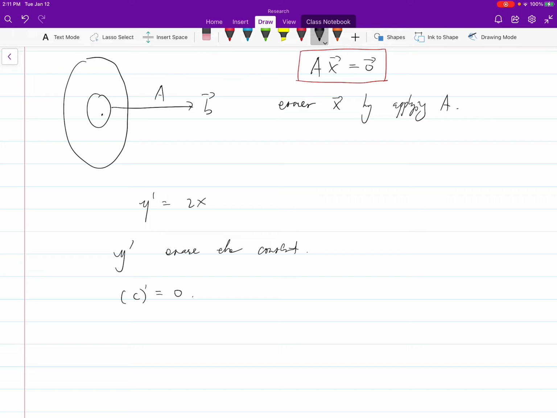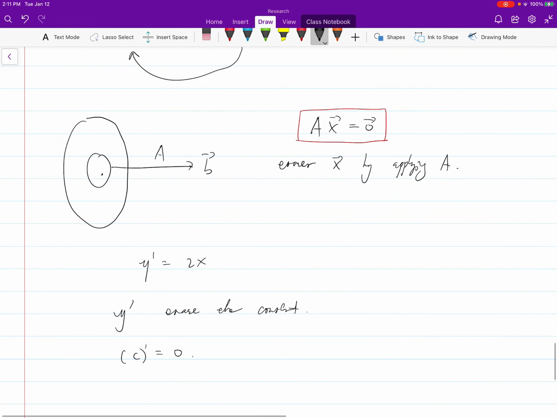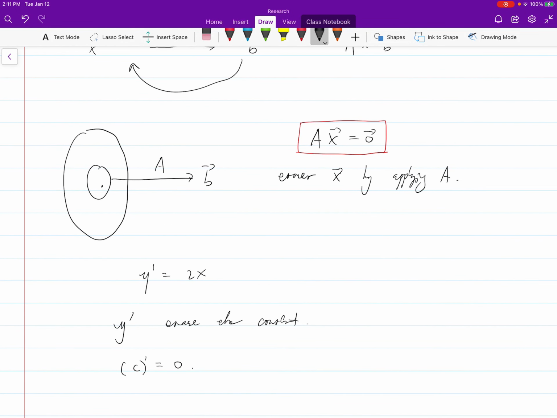Therefore, when you try to recover x squared from 2x, you better add the constant that you erased. And the way to find the part you erased is, again, solving the homogeneous case. This is what's special about linear operators. But if you see what you have now, it's just like what happens for solving linear equations. It doesn't matter if it's a linear matrix equation or a linear differential equation. It's the same.